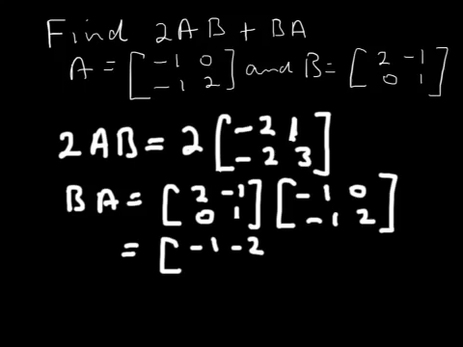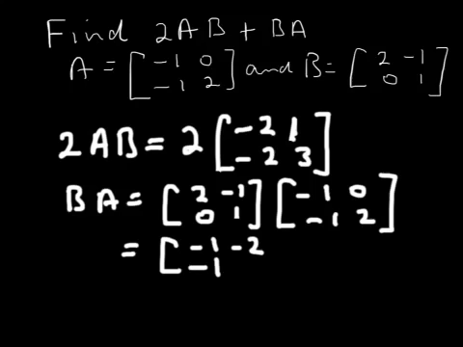And then 0 times 1 is 0, plus 1 times negative 1 is negative 1, so negative 1 would go there. Just to recap, 0 times negative 1 is 0, plus 1 times negative 1 is negative 1, so that's where I got the negative 1 from.